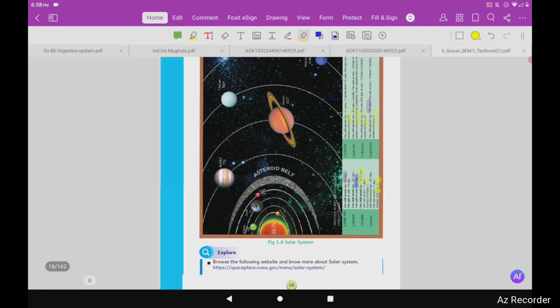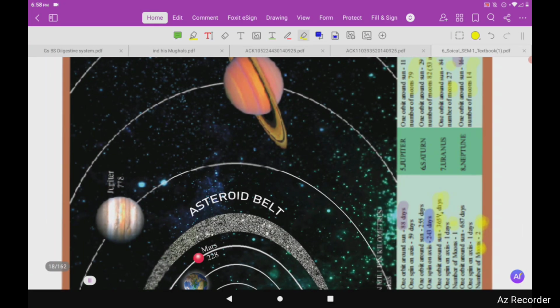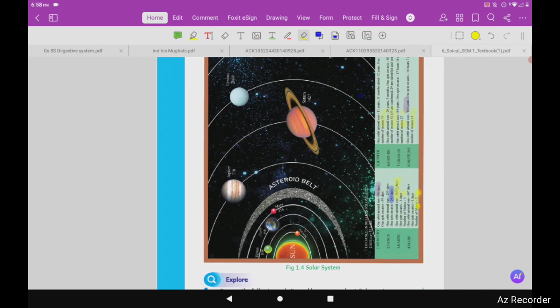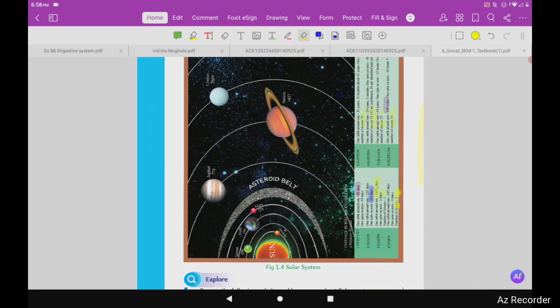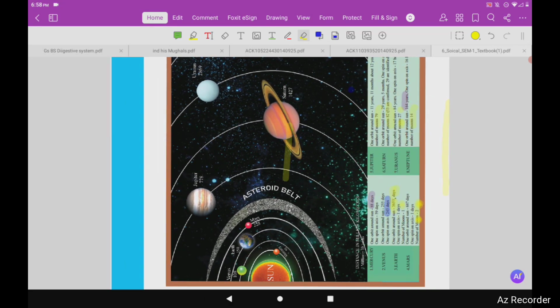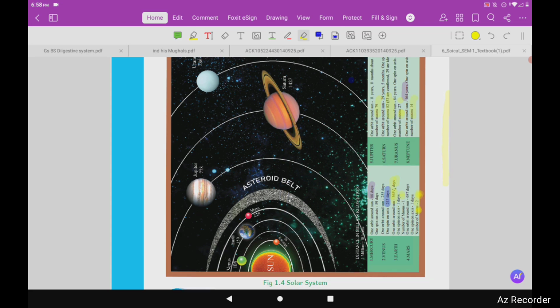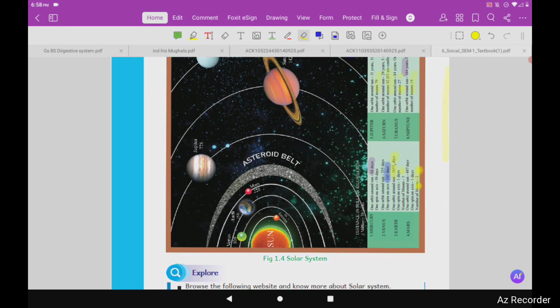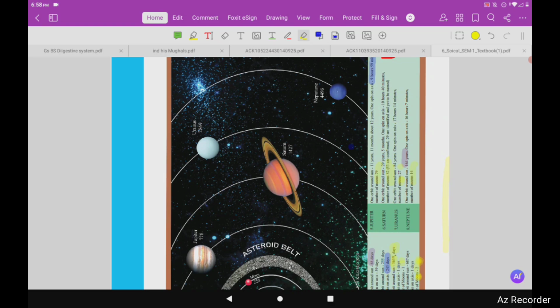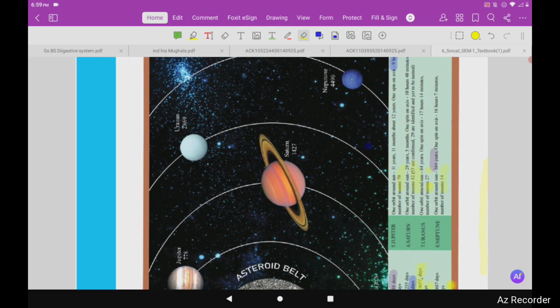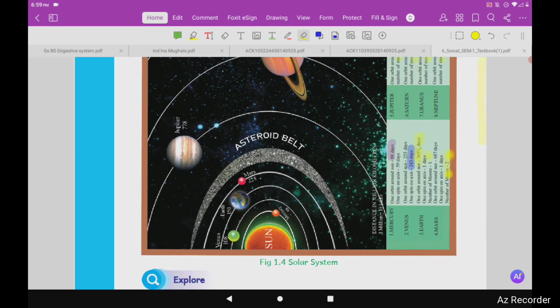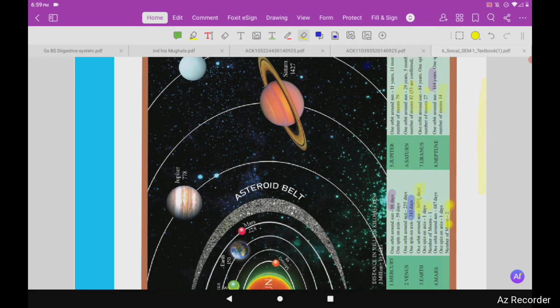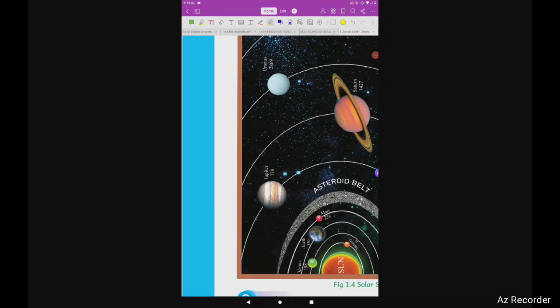Next, move on to the next one. Here we can see a clear picture of our solar system. In the solar system, we have 8 planets, and planets have moons.